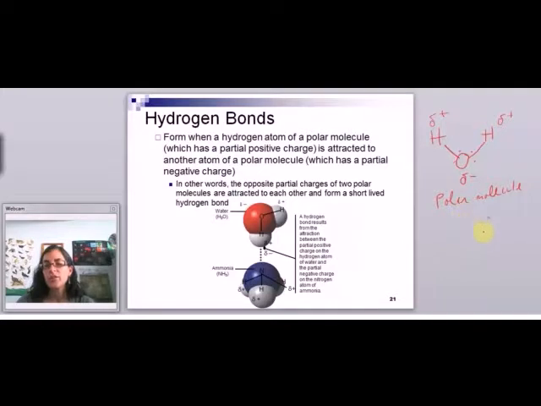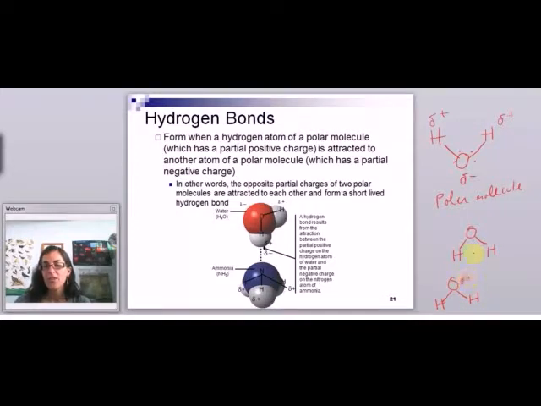Polar molecules can then form hydrogen bonds between each other. So for example, I might have a water molecule like this, and if it comes near another water molecule or another polar molecule, I'm going to draw in another water molecule here. Remember that when I was talking about polar covalent bonds, I said that polar molecules are sticky.